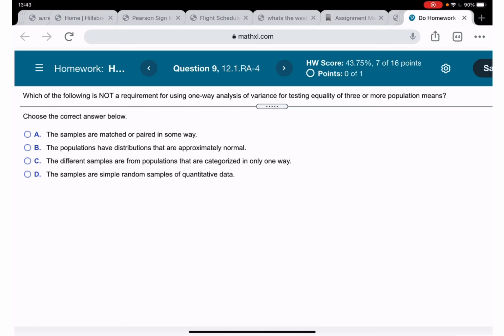This is also a requirement, which means they are testing only the same factor or same independent variable. The populations have distributions that are approximately normal. And the last one, the samples are matched or paired in some way. This is the one that is not a requirement. They don't have to be matched and they don't have to be paired.